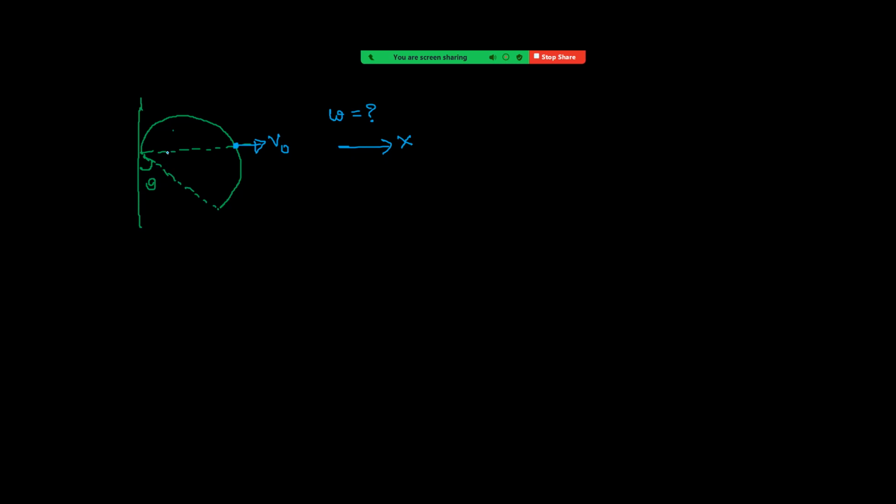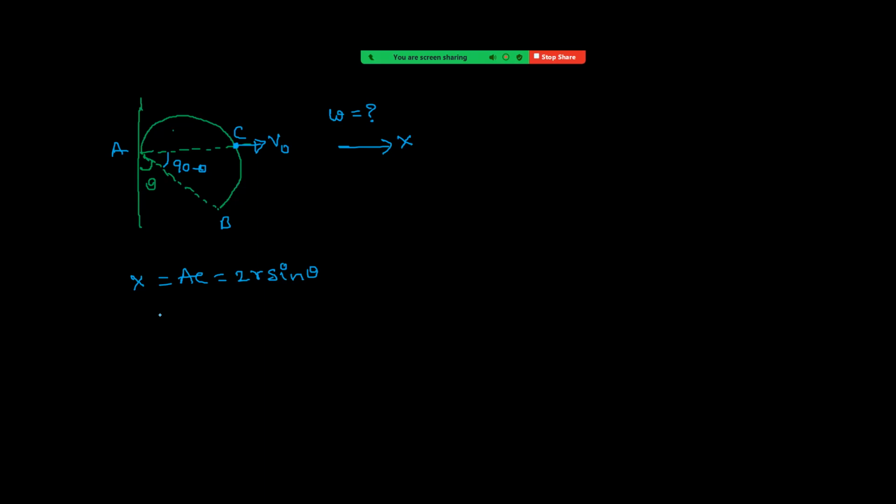If this is theta, the remaining is 90 minus theta. Suppose this is A, this is B and this is C. AB length is 2r. AC becomes the x coordinate, which is nothing but the length of AC. That x coordinate is 2r cos(90 minus theta), that is 2r sine theta.